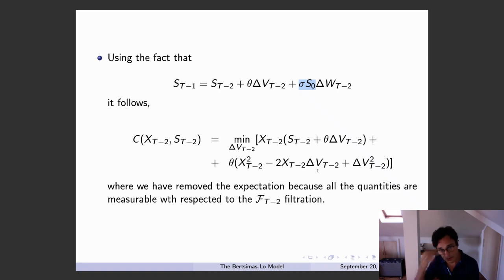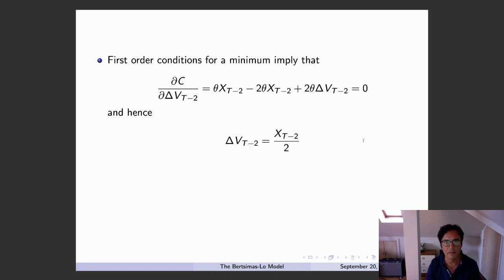Okay. Now, how do we go about finding an optimal solution? It's the usual thing. The only thing we don't know here is dv t minus 2. We have a quadratic expression, so we can use the usual approach of taking the derivative of this expression with respect to dv t minus 2, our control at that point in time, and then set it to 0.